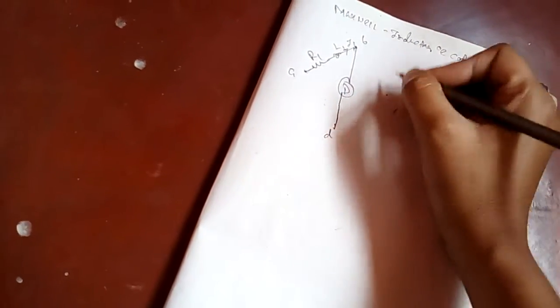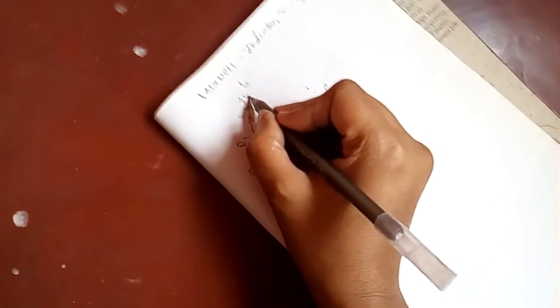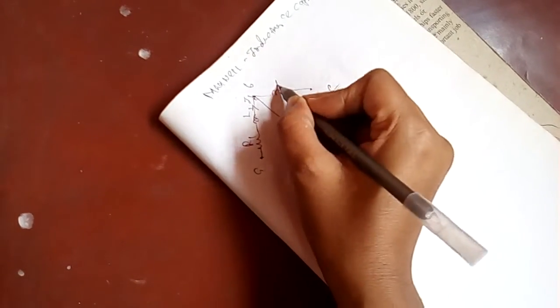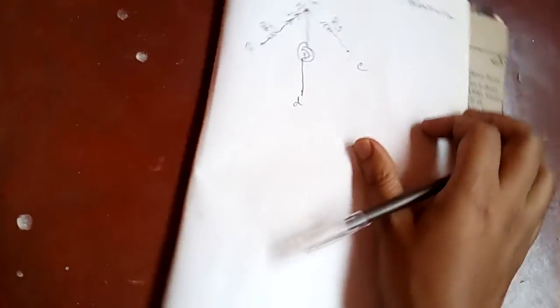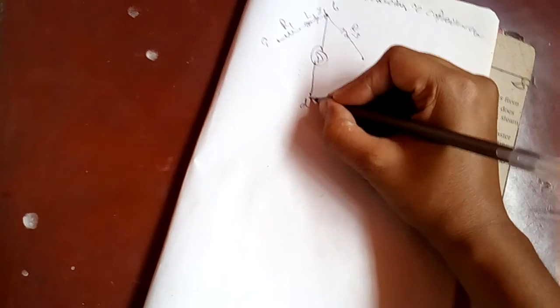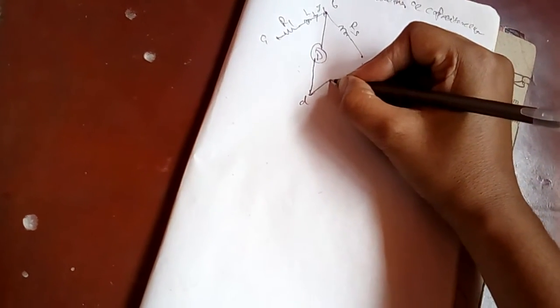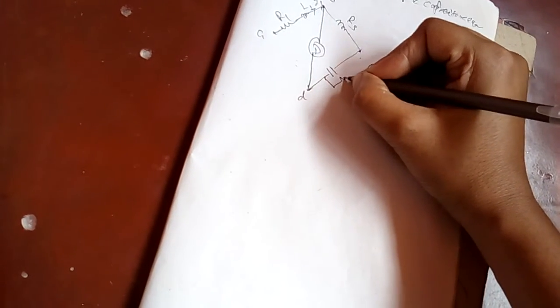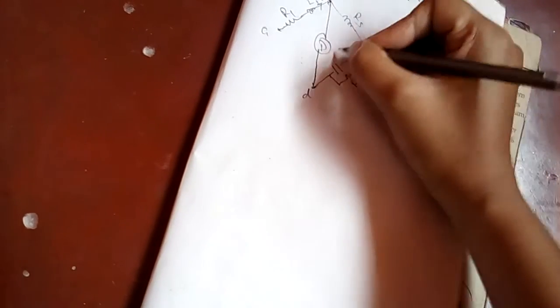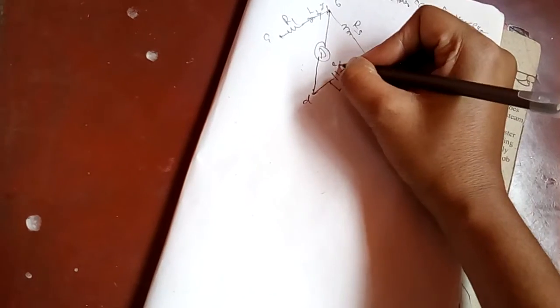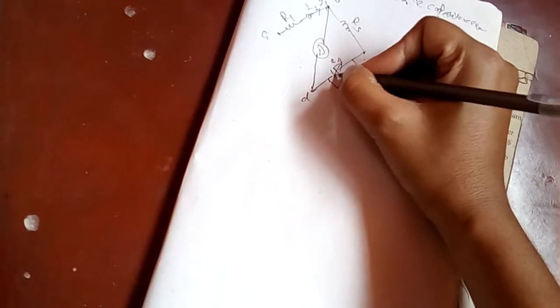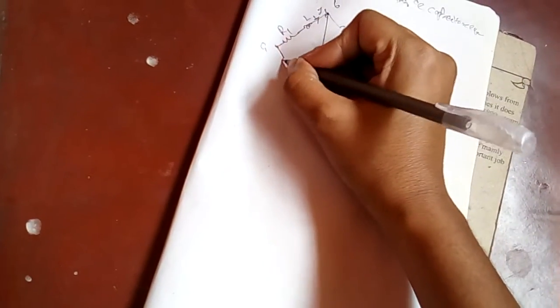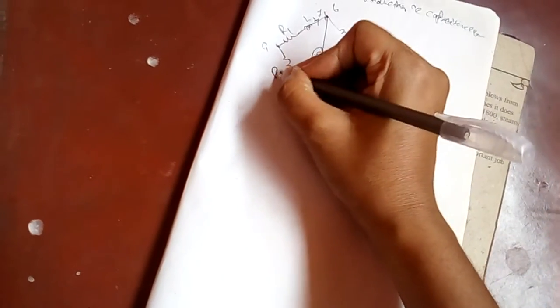Between B and C there is a resistance R3. Here there is a capacitance connected to a resistance R4. The variable capacitance is denoted by C4, and between here there is a resistance R2.